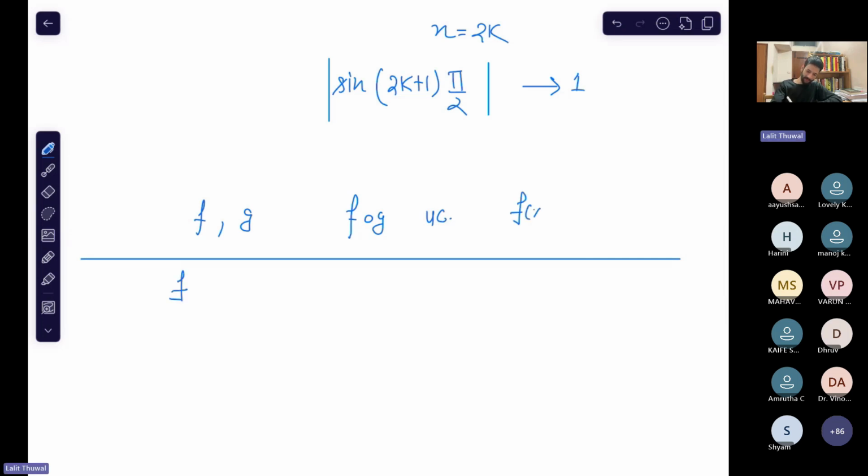So the counter example is that they can even be discontinuous everywhere. Both f and g are the same, taking x belongs to Q complement and Q. So this is your counter example.